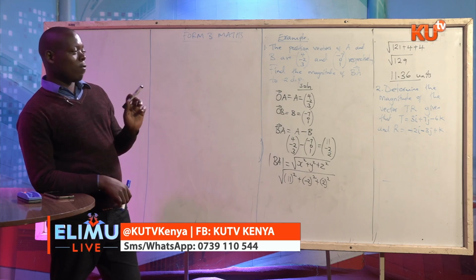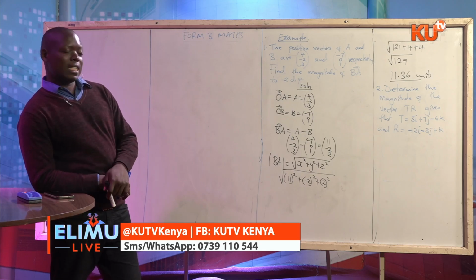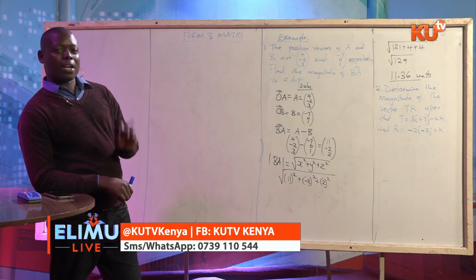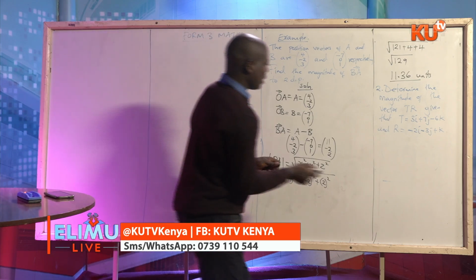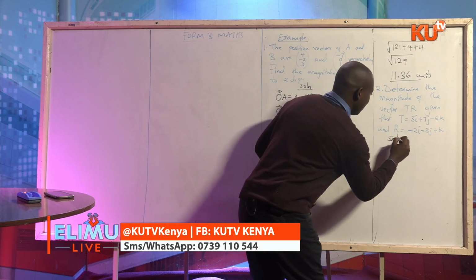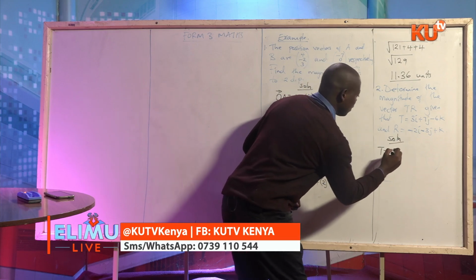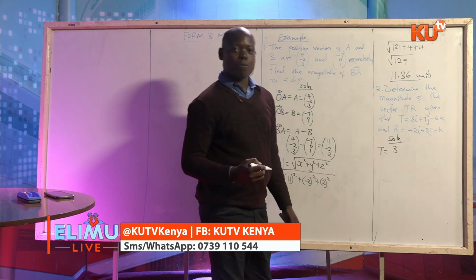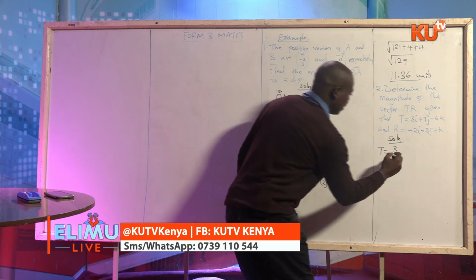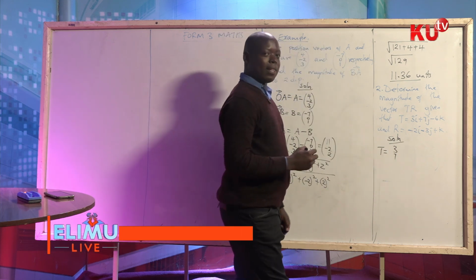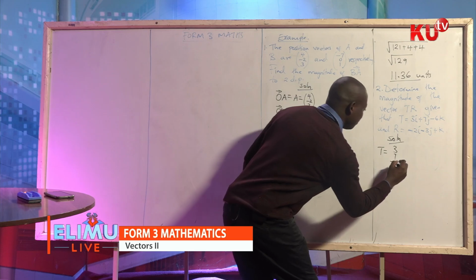Good. What we do first is to write the vectors T and R, excluding the unit vectors. We write T as 3, 7, then negative 6.